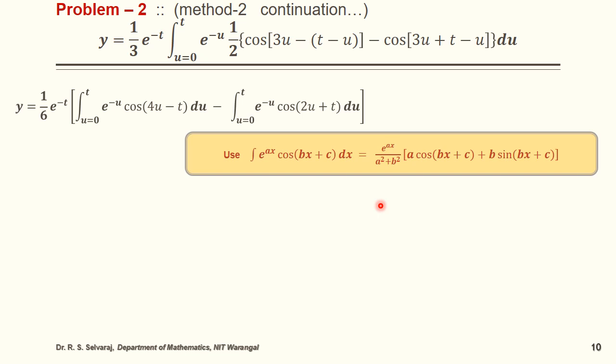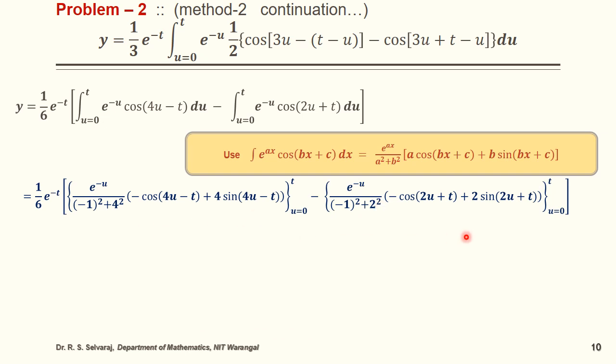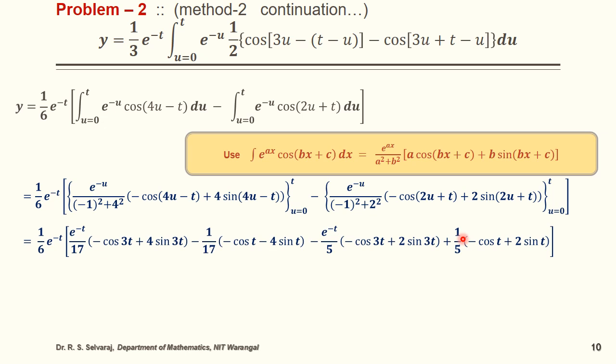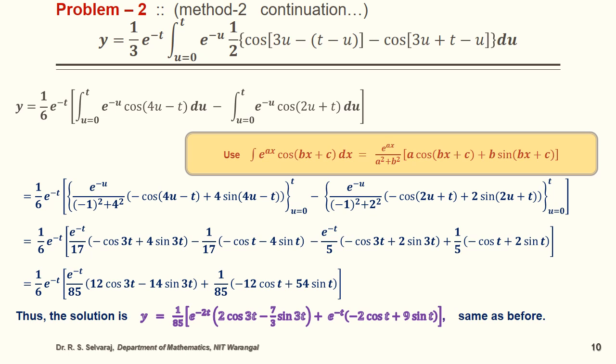Instead you can apply this formula. So you will get an expression like this. u equal to 0 to t can be substituted, and finally you will get this, which can be simplified further, and you will get an expression like this. e to the power minus t is outside, and you can take that inside and get the solution to be like this. You can check yourself by pausing the video and convince yourself that this is the solution we get.